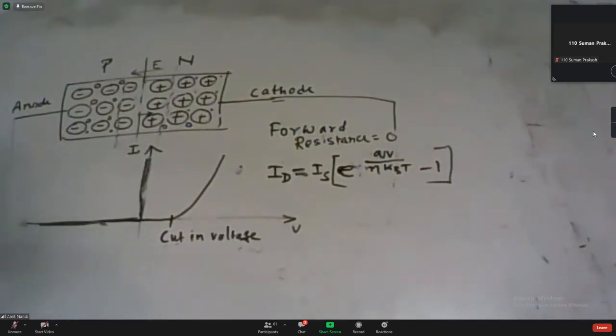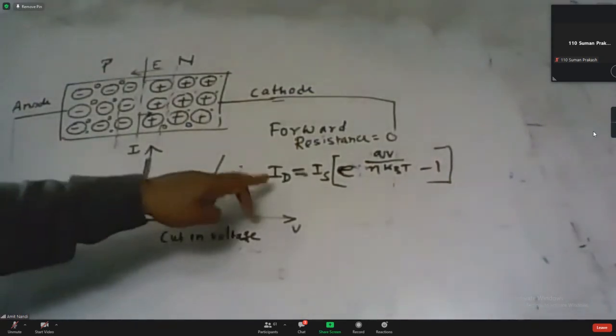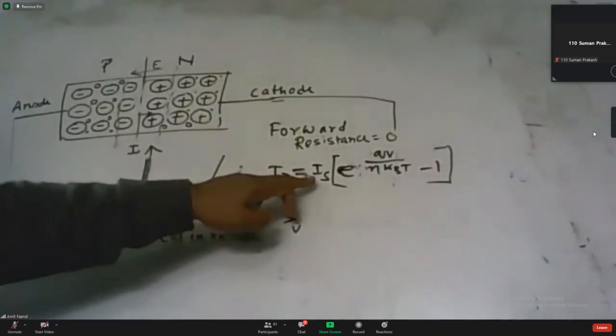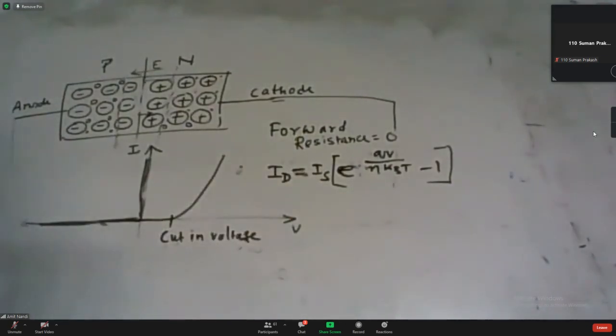Here ID is the current flowing through the diode, Is is the reverse saturation current, Q is the charge of the carrier, V is the applied voltage to the diode, and eta is the empirical constant that depends on the material.